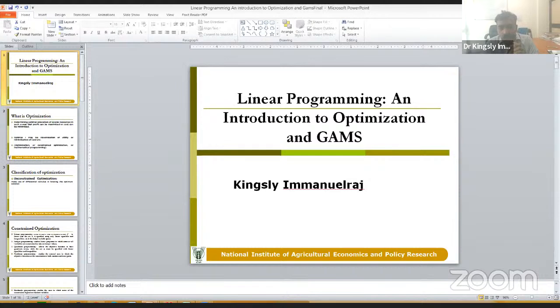Now we come to integer programming, which is a little bit different from linear programming. It studies linear programs in which some or all of the variables are constrained to take integer values. Example: water you can divide equally, and land also you can divide.